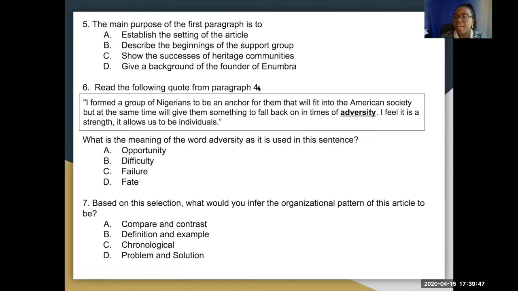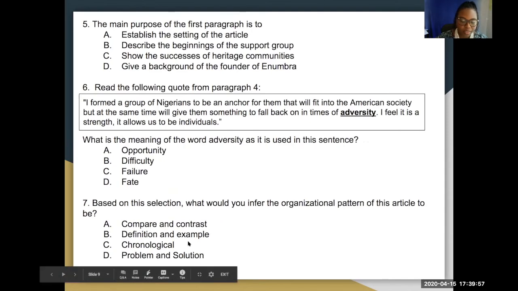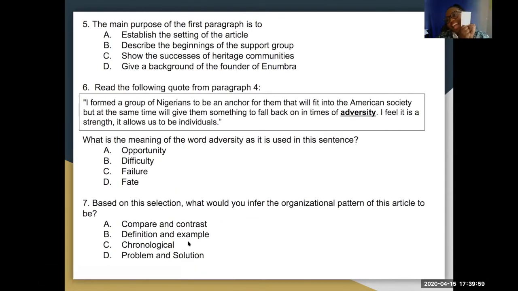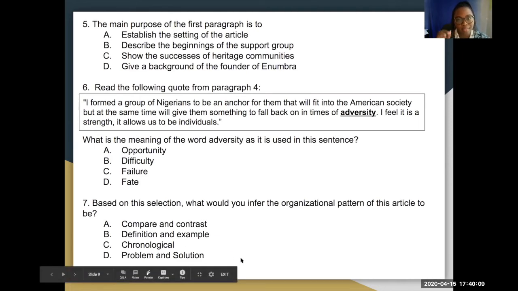And again, we're trying to figure out what that word adversity means, okay, using those context clues. Number 7, based on the selection, what would you infer the organizational pattern of this article to be? You've got to pick one. These are multiple choice, not extra answers, okay?